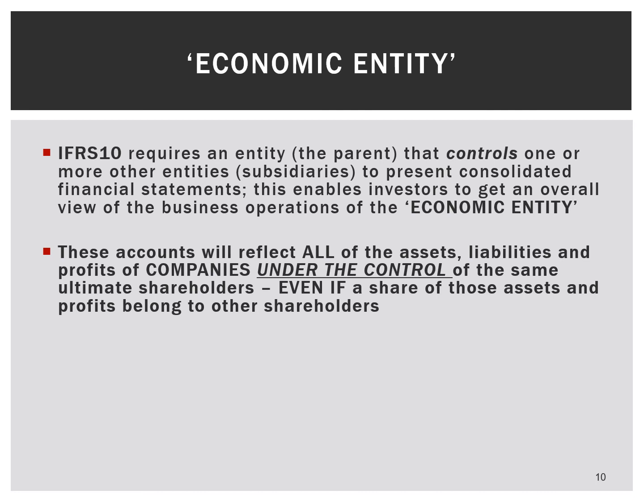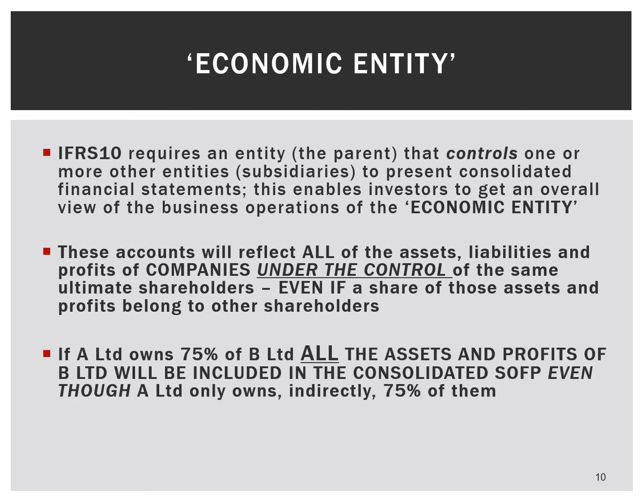And here's the important thing to remember: the accounts have to reflect all of the assets, all of the liabilities, and all of the profits and the trading activities of companies which are under the control of the same ultimate shareholders, even if those shareholders don't own 100% of those companies. That's the most important thing to remember.